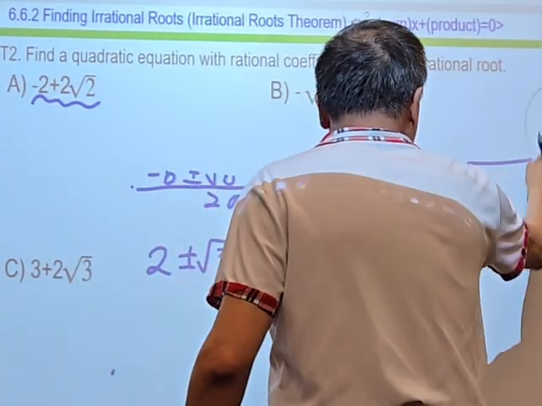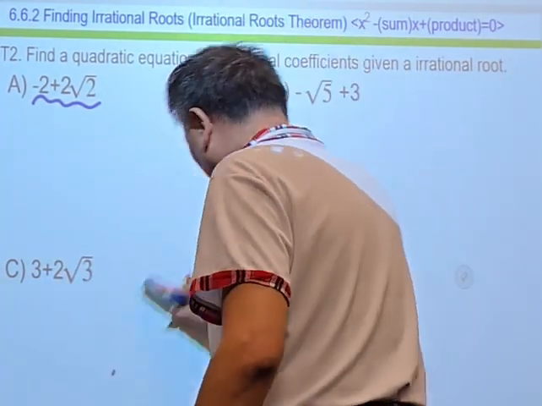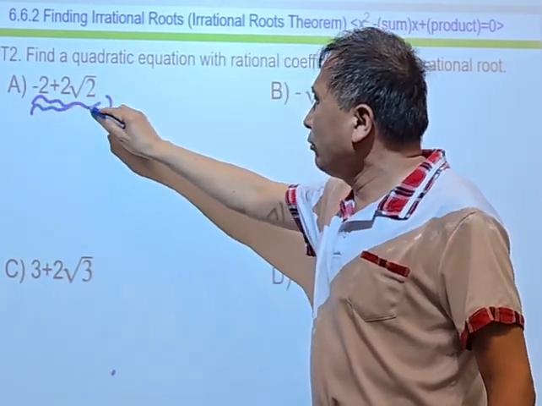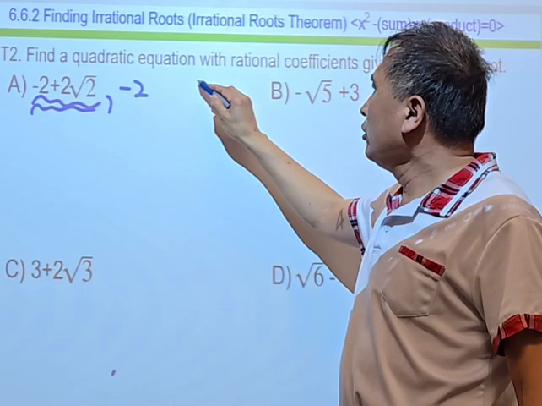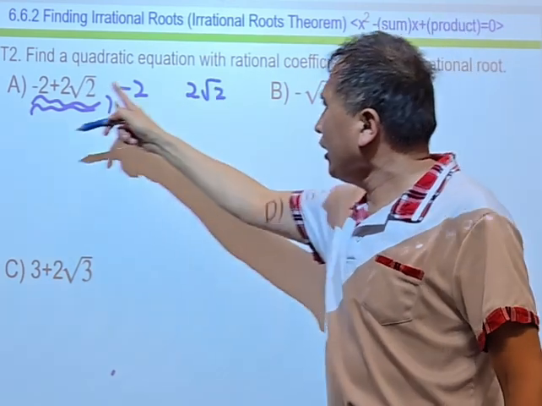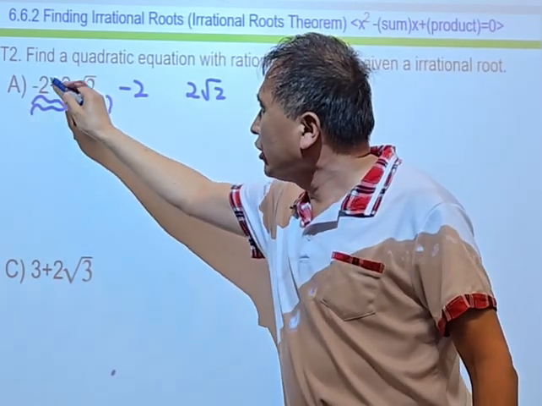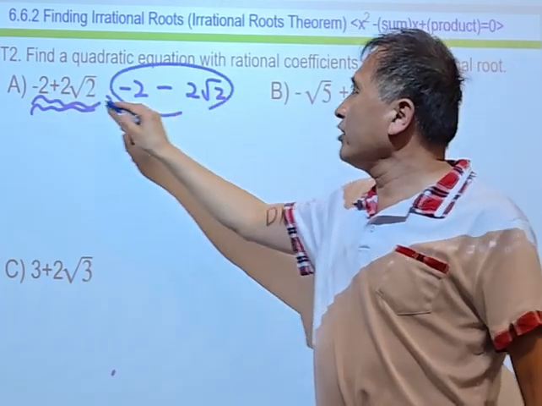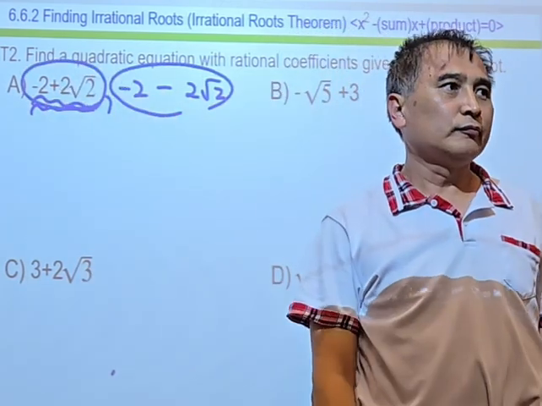So first you need to know what a conjugate is. Conjugate means everything is the same. With this number, the conjugate is minus 2 plus 2 root 2 in place of minus 2 minus 2 root 2: only in front of the root, when this is plus, the other is minus, and when this is minus, the other is plus. This number and this number, we call them conjugates.